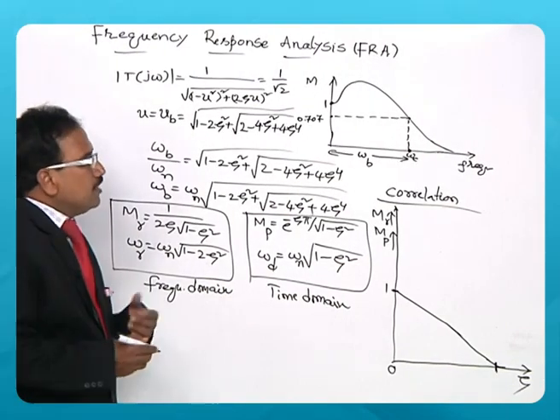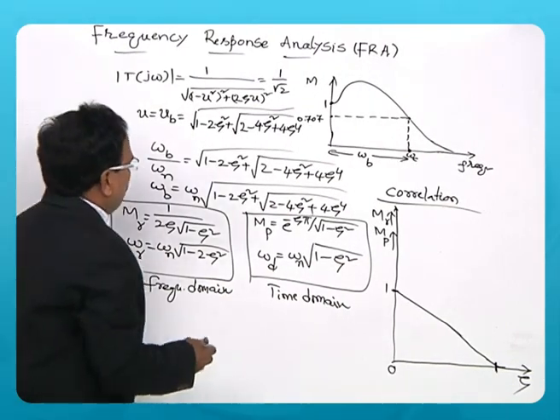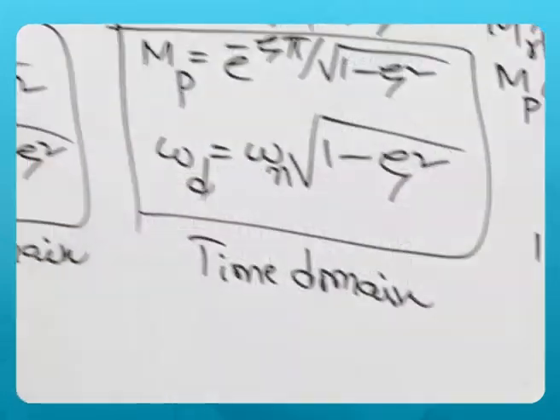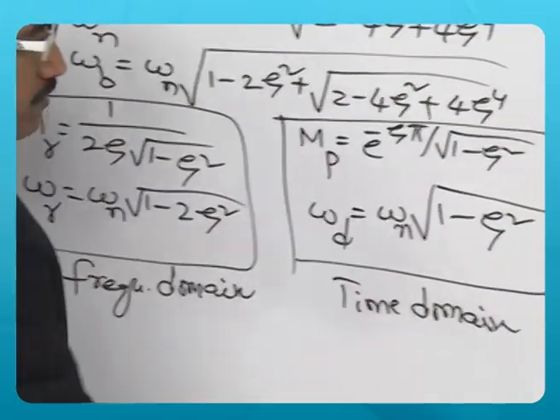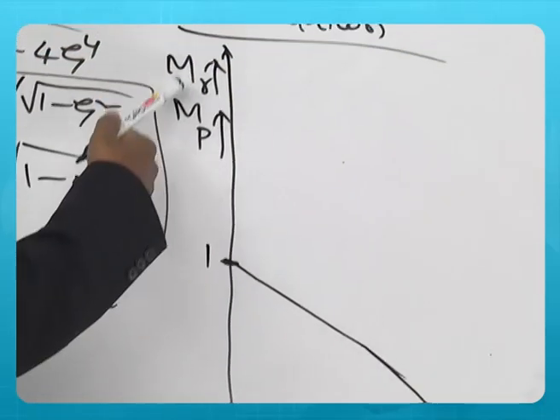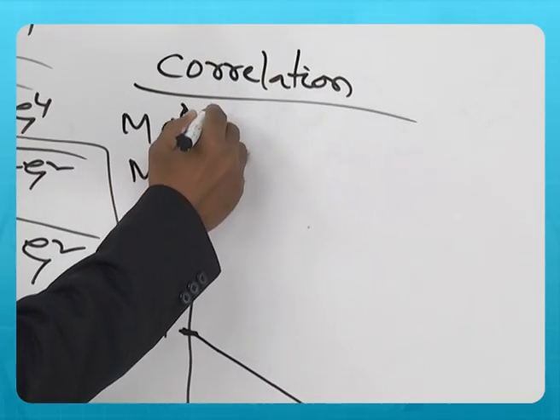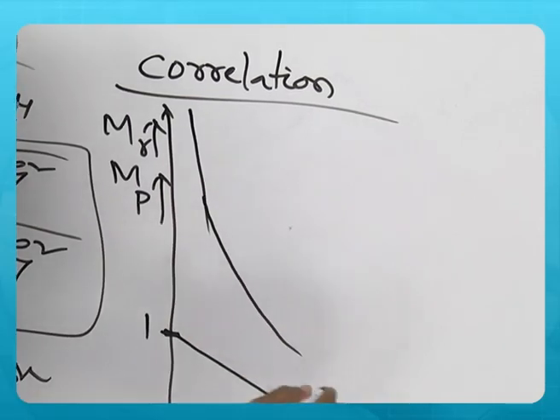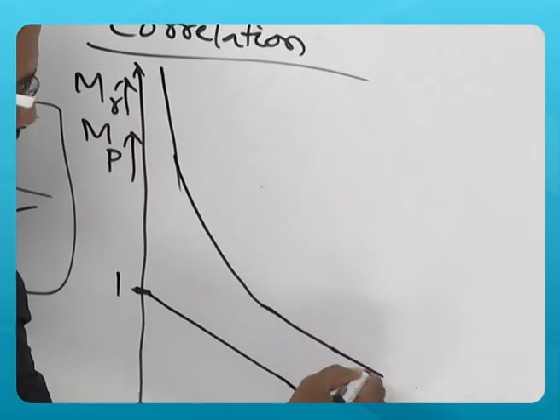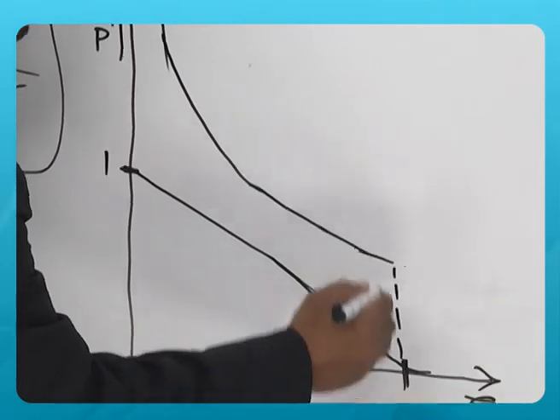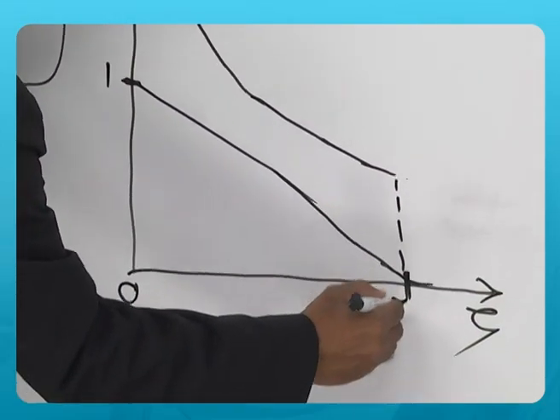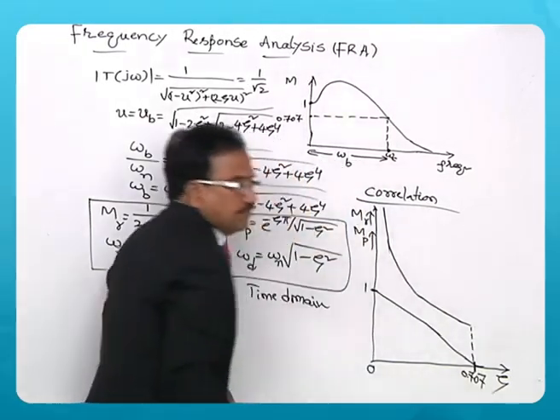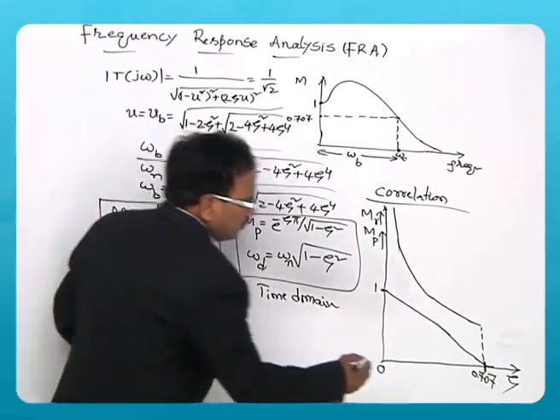Whereas the resonant peak in frequency domain for zeta equal to 0, the magnitude is infinity. So when zeta is 0, MR is infinity, it comes from a very high value and then it decreases and stays at 0.707, that is zeta equal to 1 by root 2.